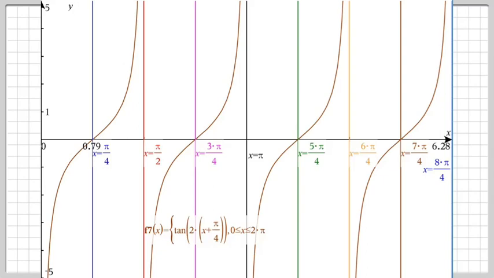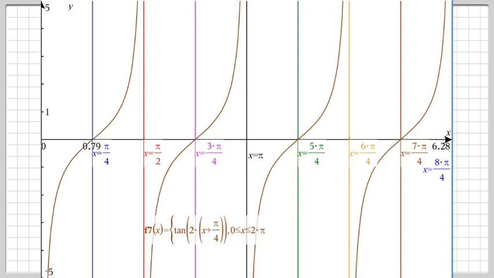So what I've actually done there is I've drawn in all the asymptotes of tan, this one, this one, this one, and that one, but I've also drawn in all the zeros, because they're going to be asymptotes of cot, right? So pi on 4, 3 pi on 4, 5 pi on 4, 7 pi on 4. They're going to be the asymptotes of cot.